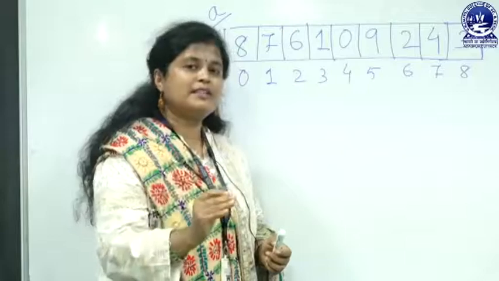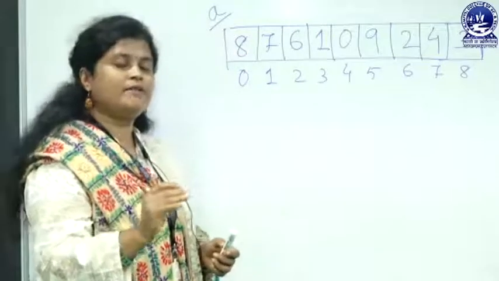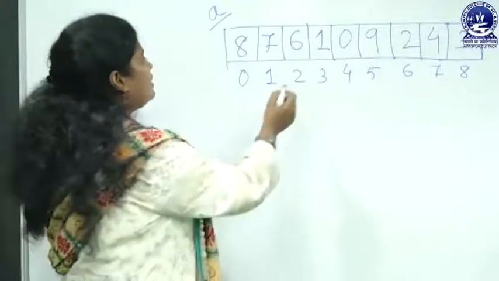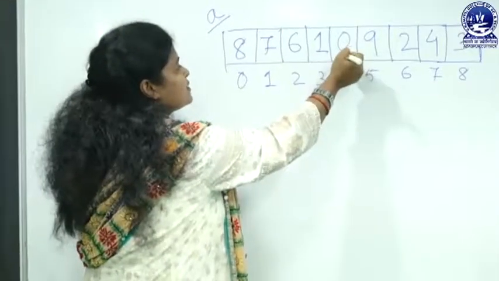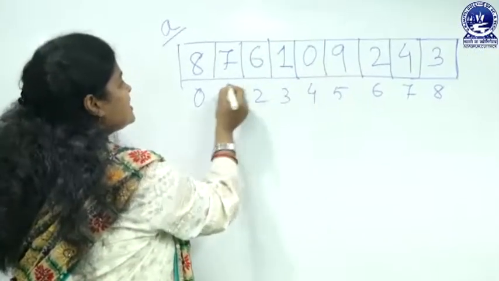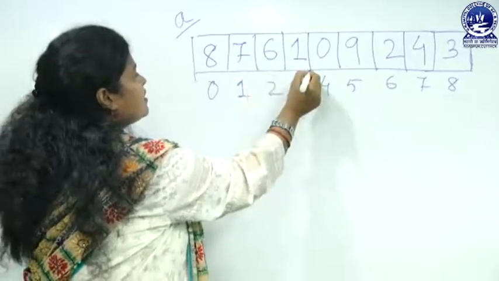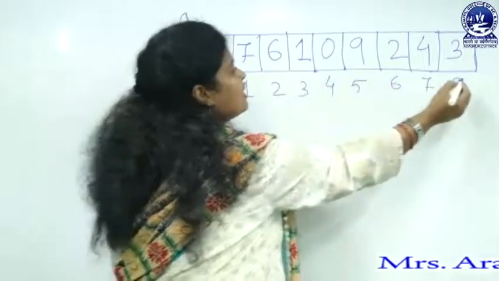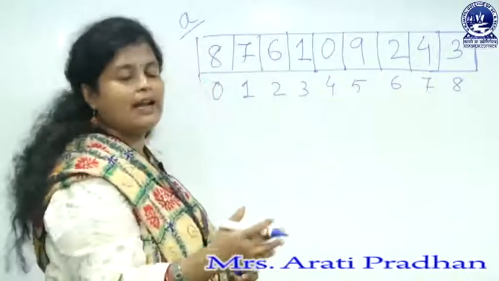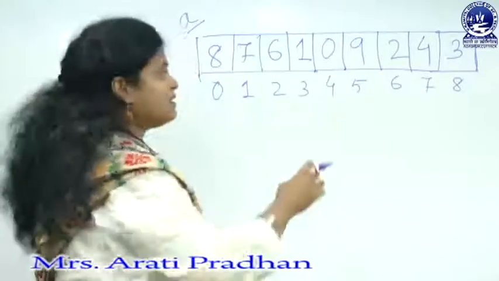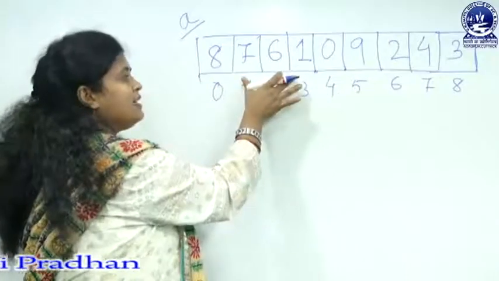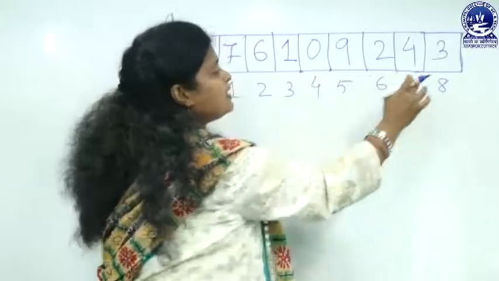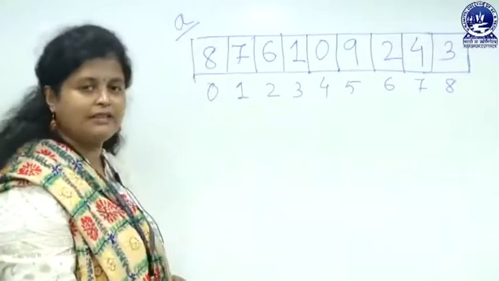The main concept is that you choose the pivot and place it in such a location that, suppose I have chosen 0 as pivot, the list is divided into two parts, from 0 up to one part, and from there to the end another part. And the concept is that the left part must contain lesser values than the pivot and the right part must contain greater values than the pivot.